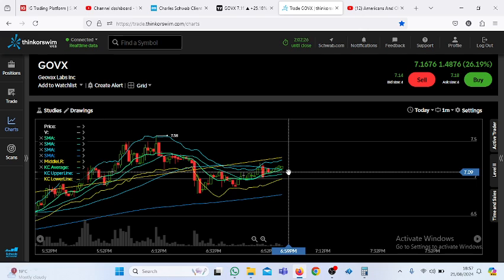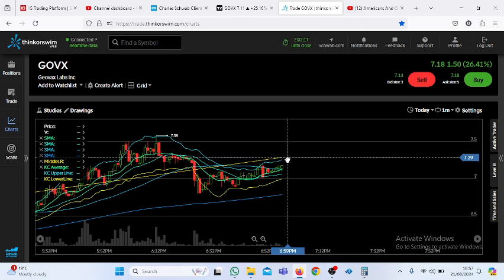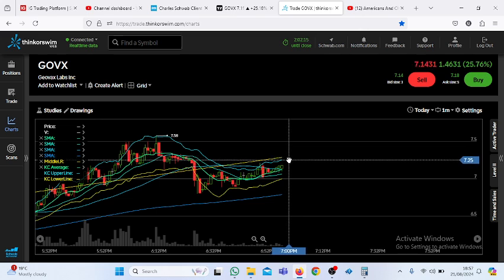Since the last 2 minutes, we've seen another 1.4% gain. So the odds of it breaking through this upper price channel of 7.25 is very much likely.